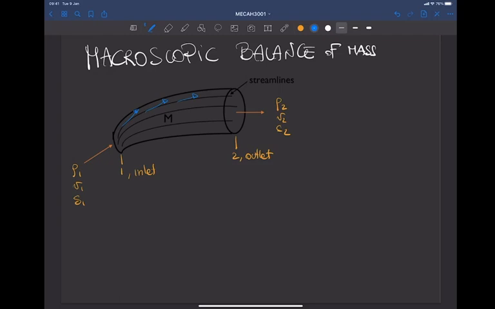Okay. Now, to establish our conservation balance here, we have to define what is our quantity of interest. And so you probably remember when we were talking about the mass fluxes, the convective fluxes, that we defined the convective fluxes of mass as the product of rho v. How did we do that?